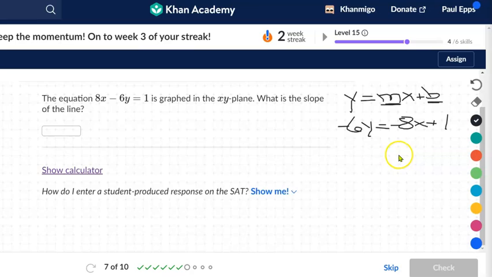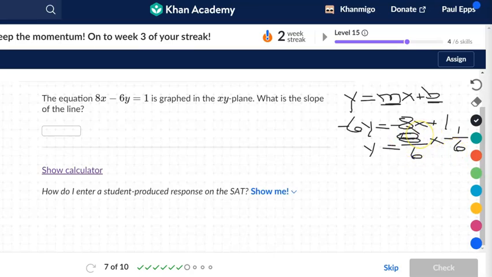And then divide both sides by negative 6, and we'll get y equals, and the negatives will cancel out here, so we'll have 8/6 x minus 1/6.